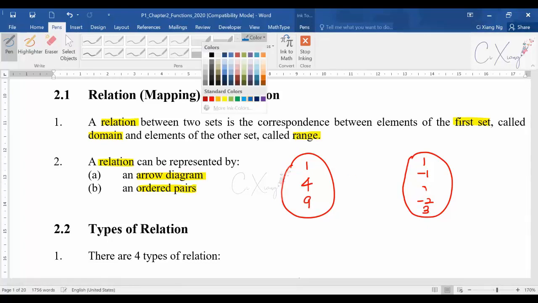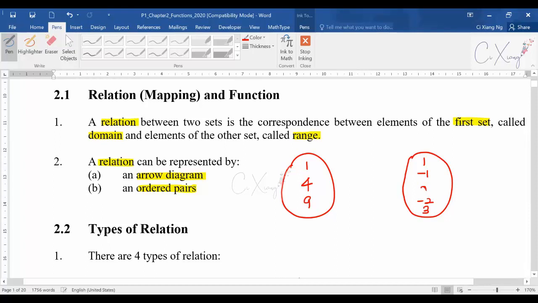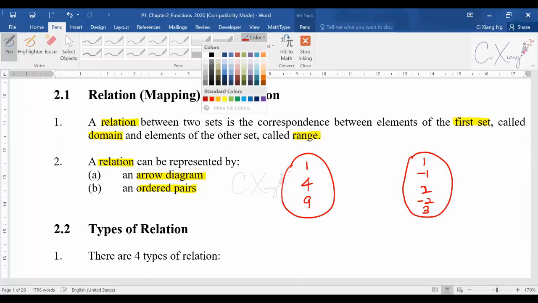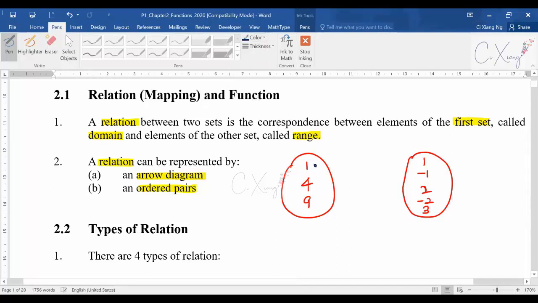If I try to map, I map value 1 to 1 and also value 1 to -1, then for 4, I map it to 2 and also -2, and for 9, I map it to 3.